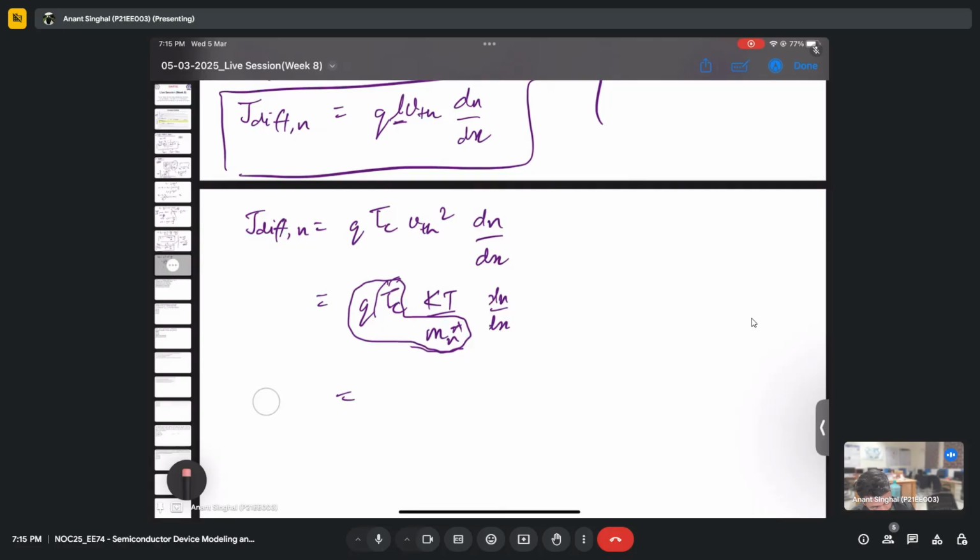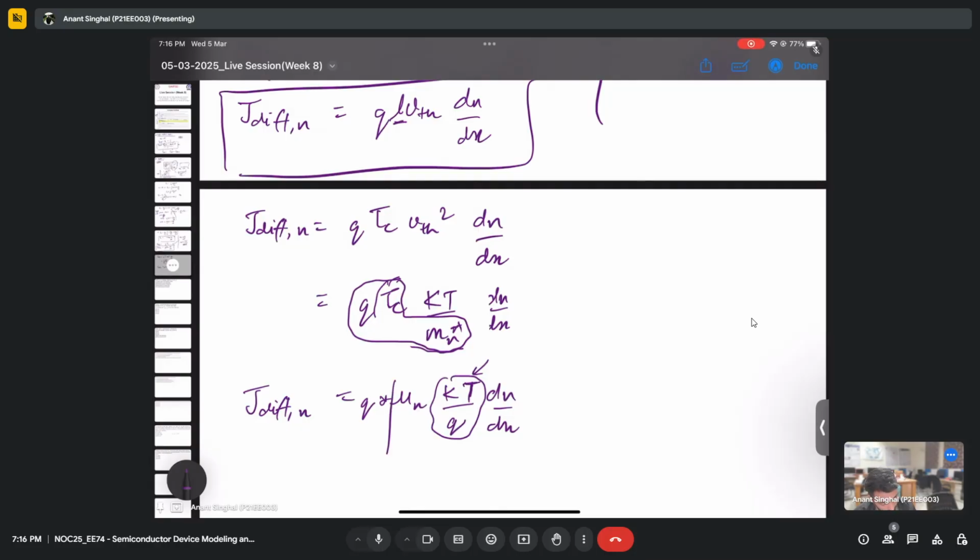So J diffusion for n will come out to be mu n kT dn over dx. This kT is not in terms of electron volt, so let me write q times q, so that this will be nothing but the thermal voltage, that is what we write as Vt.